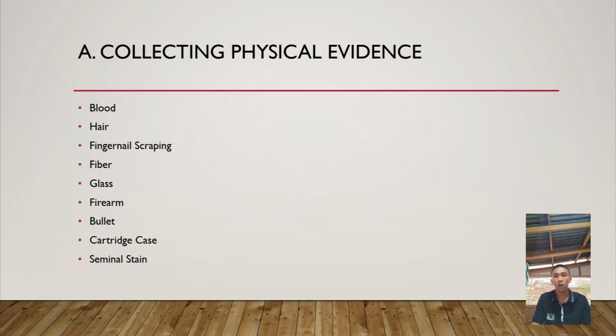Label all garments such as undershorts, panties, or other exhibits and package each garment separately. If damp, allow fabric to dry completely before packaging. Handle fabrics as little as possible.